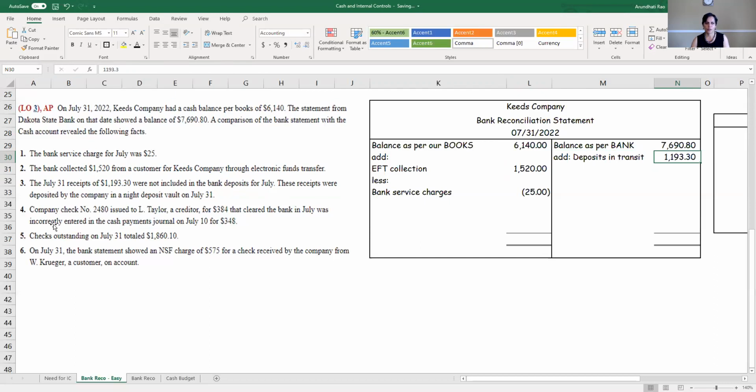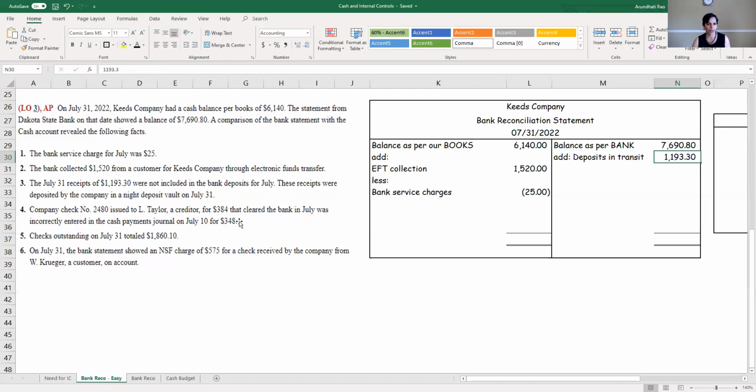In number 4, we are told that a company check of 2480 issued to L. Taylor, a creditor, for $384 has cleared the bank on July, but was incorrectly entered in our cash payments book at $348. So what's happened over here is we have made a mistake. We wrote a check in payment. The check was for the correct amount.